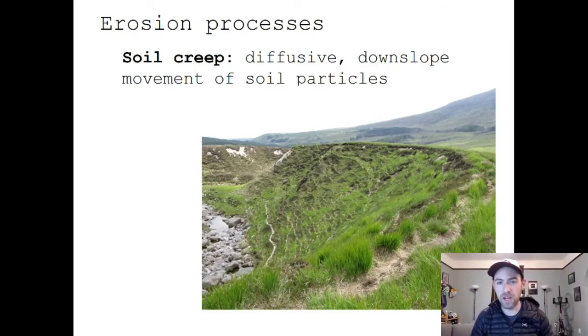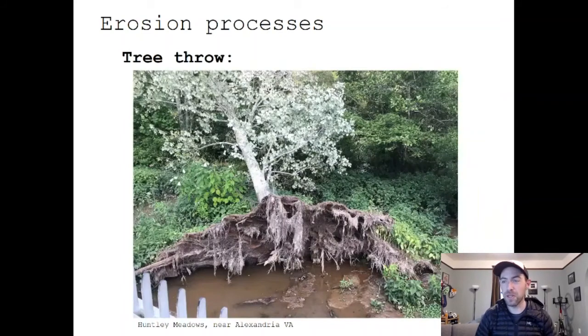One really cool one that I just show because I think it's a really neat process, but it also can be a very effective agent of soil mass movement downslope, and those diffusive processes is called tree throw, where if a tree, sounds like the start of a riddle or something, if a tree falls in the forest, right, its root cluster will uproot a bunch of soil along with it, right?